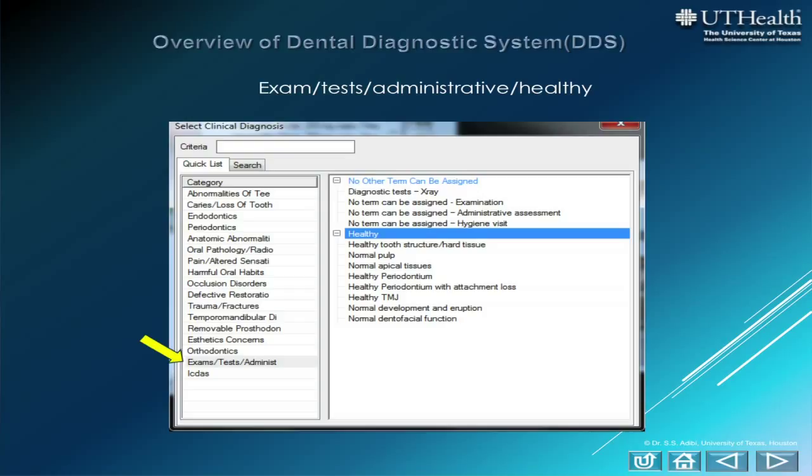As you are well aware, there are times that no diagnostic terms can be assigned for a procedure at its early stage, or you must rule out pathology of a presented symptomology. This category is designed for that purpose. When all other possibilities are ruled out, a healthy diagnosis can be selected.